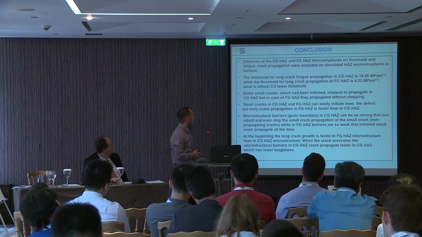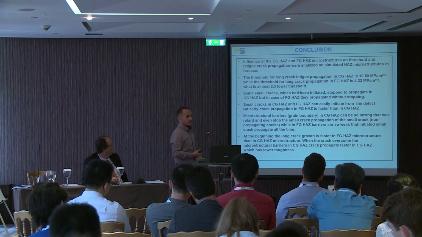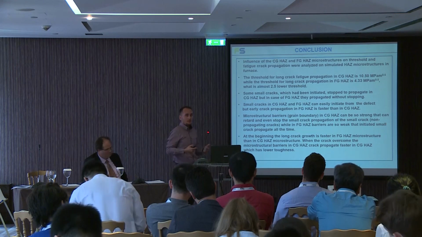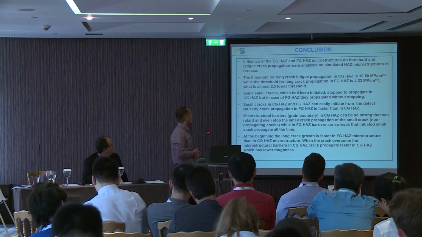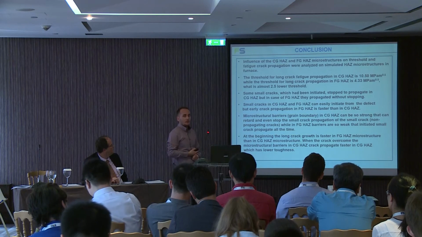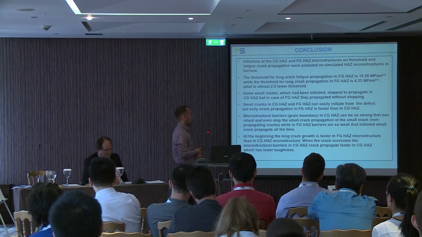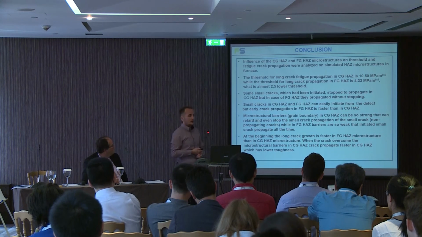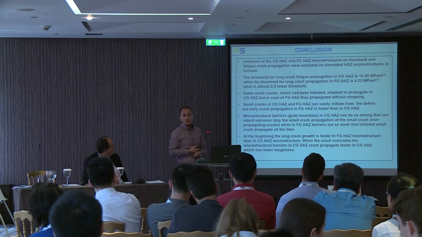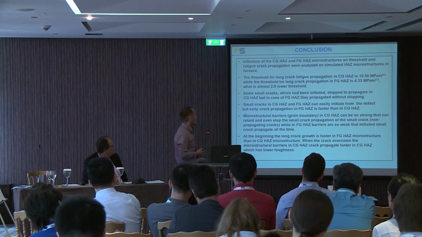Some small cracks which have been initiated stop propagating in coarse grain as a result of grain boundary resistance. But in fine grain, they propagate without stopping because the grain boundary is weak and doesn't represent a strong barrier to stop the crack propagation.